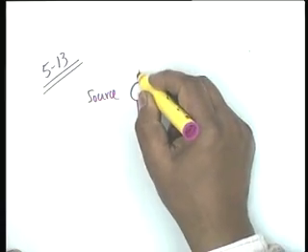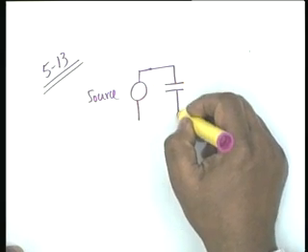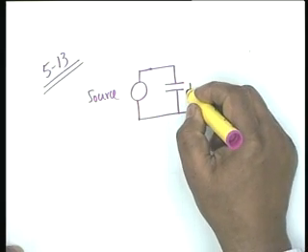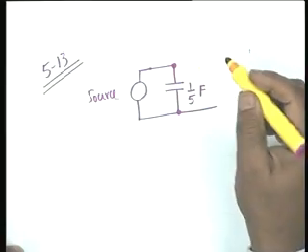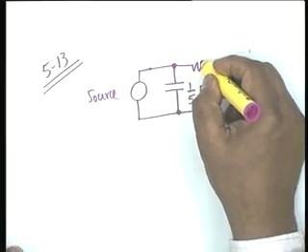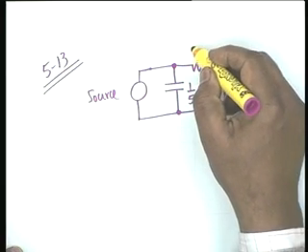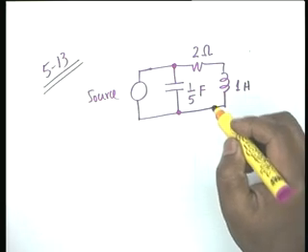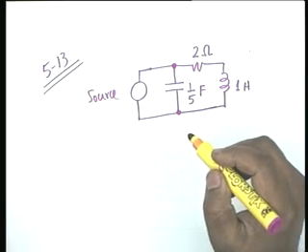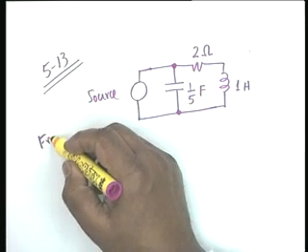This problem would be very interesting, and I want you to follow this carefully. It is a demonstration of how physical insight can lead to an illuminating solution. 2 ohms and 1 Henry. This is the circuit.